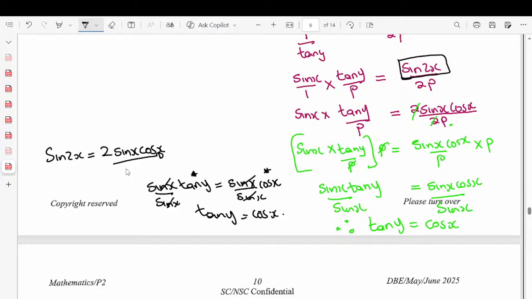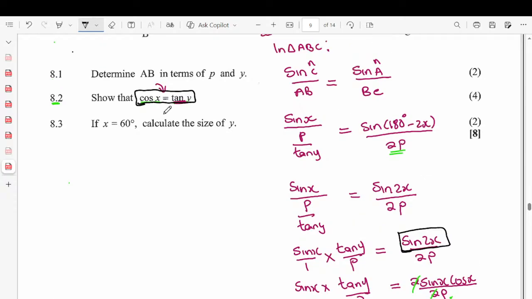I see your comment, this tells me that you understand. Remember, to work on this 8.3, we just proved that cos x is equal to tan y. And they tell us that x is 60, we need to calculate y.